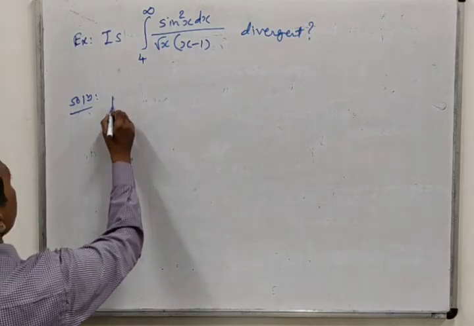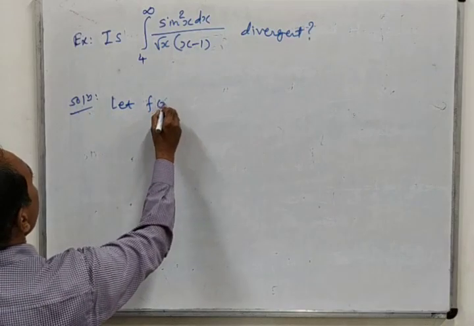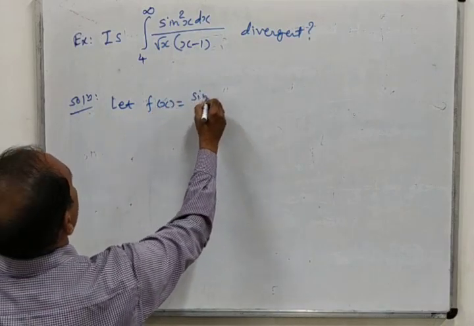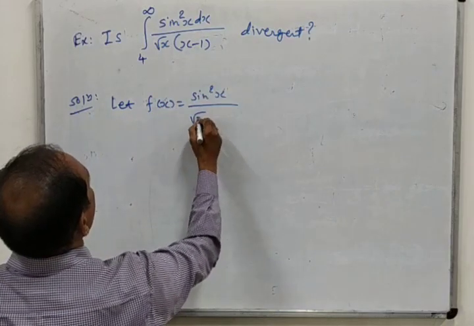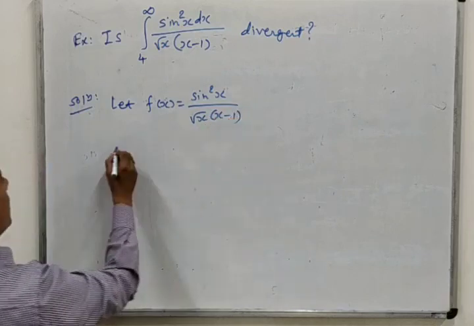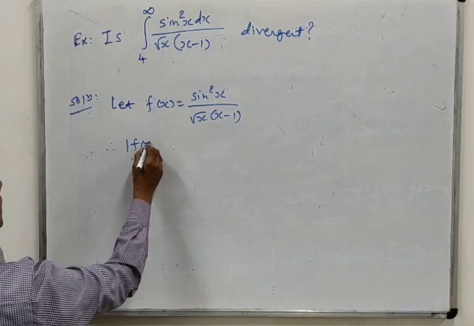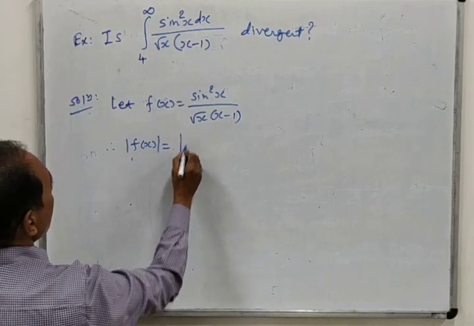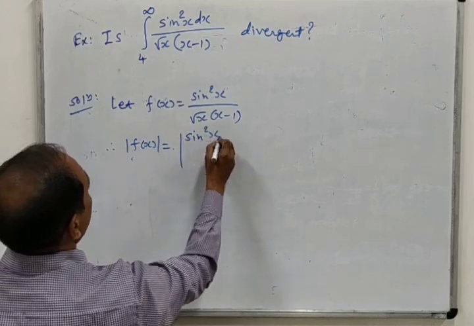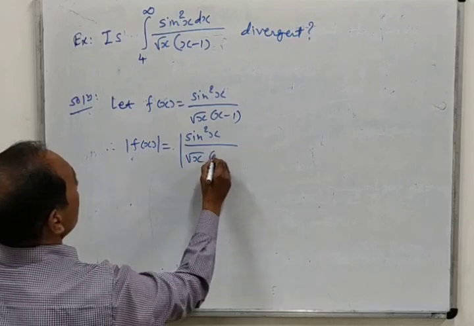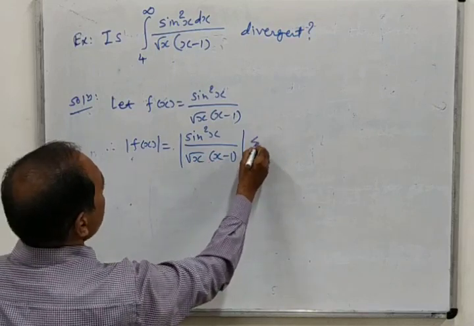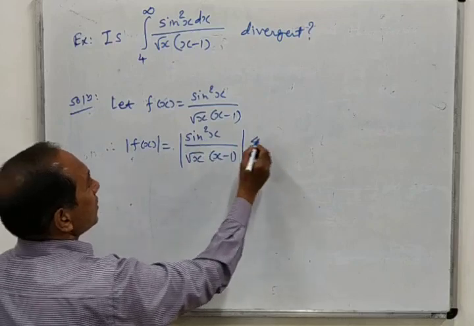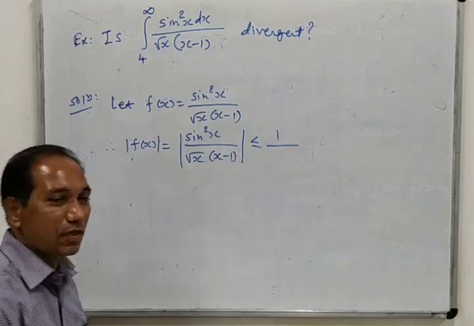So let f(x) equal to sin square x upon root x into (x minus 1), and therefore we will take modulus of f(x). So modulus of f(x) is modulus sin square x divided by root x into (x minus 1). And as we discussed, modulus sin x is always less than or equal to 1. So this is less than or equal to 1.